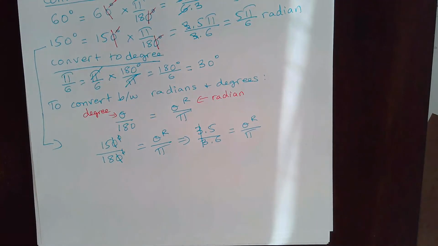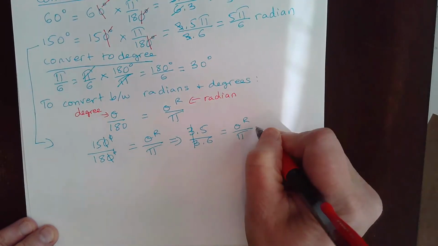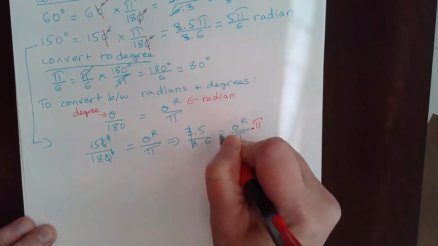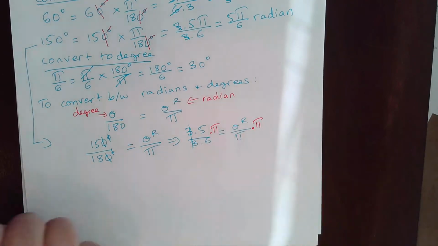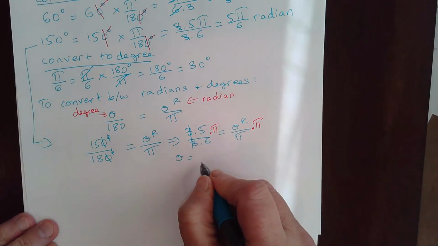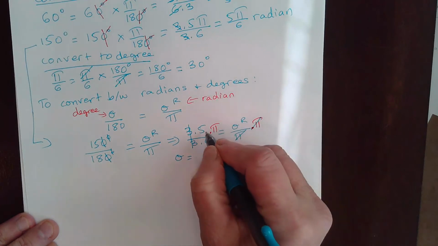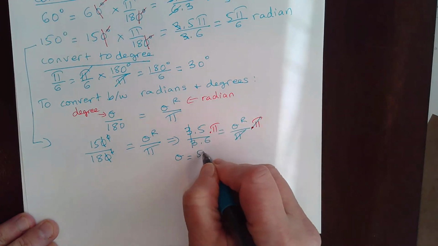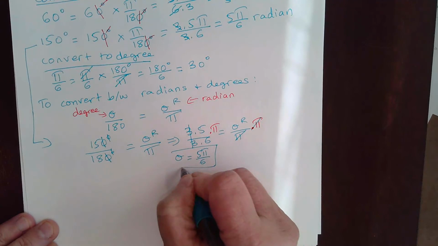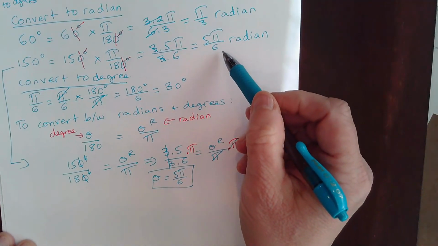Then you want to get rid of the pi here, so you multiply this by pi, and you'll be left with theta in radian would be 5 pi over 6. This is what we found it to be right here, 5 pi over 6.